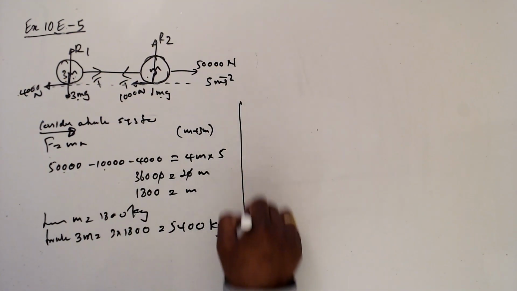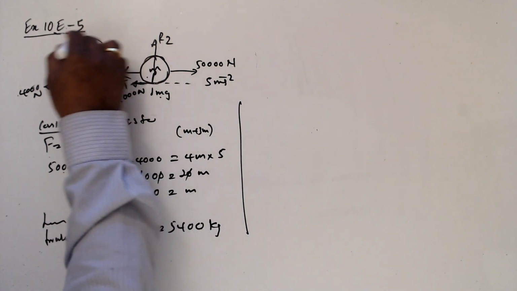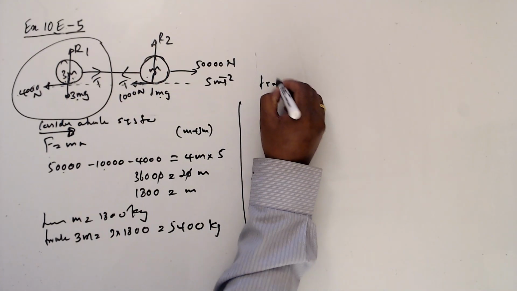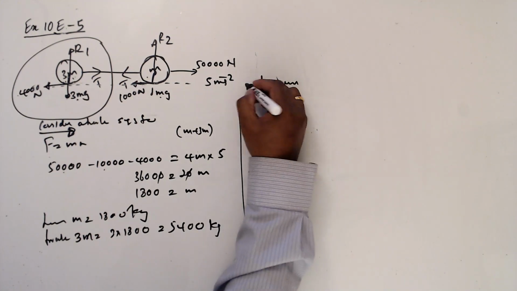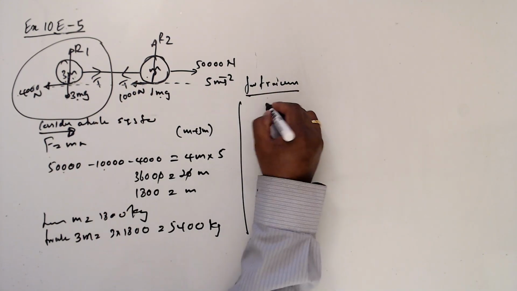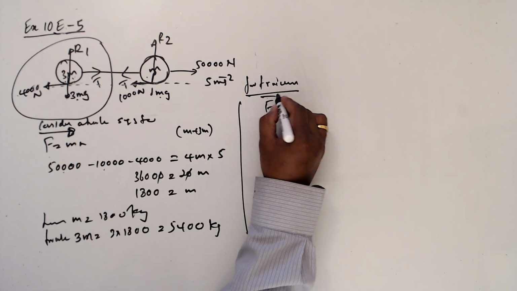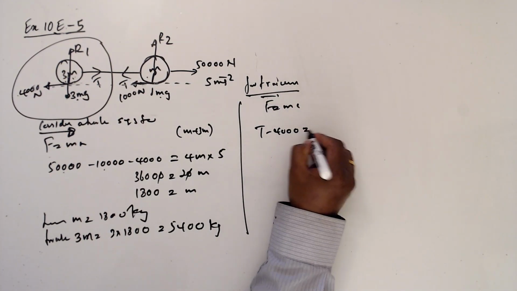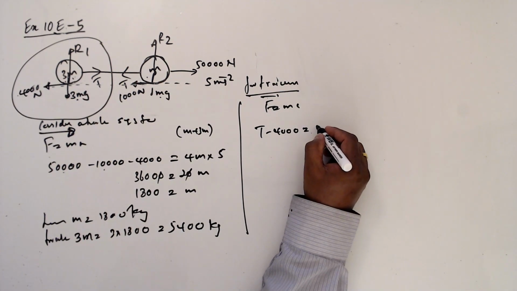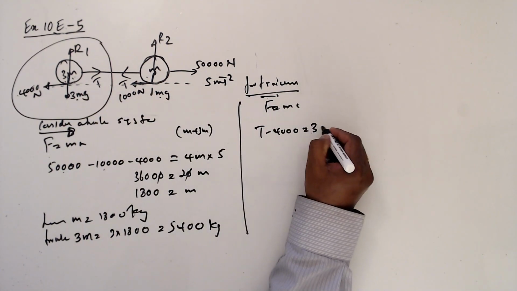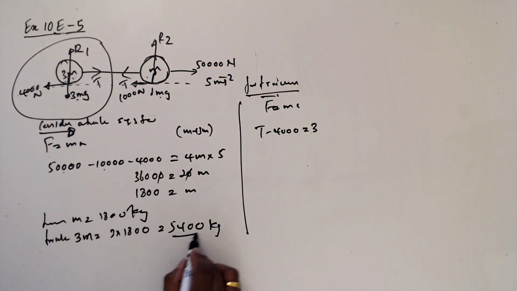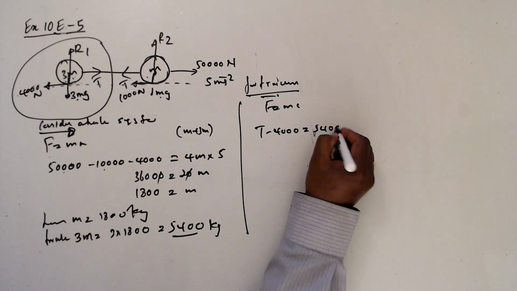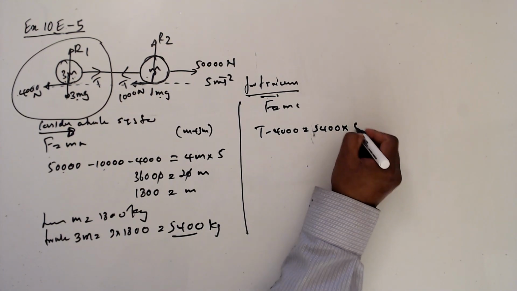The next question is we need to find the tension. So we can simply consider this setup, and the trailer. For the trailer F equals ma, when you put here only T minus 4,000 equals 3m. 3m value is what now? 5400. The weight is 5400 times 5.